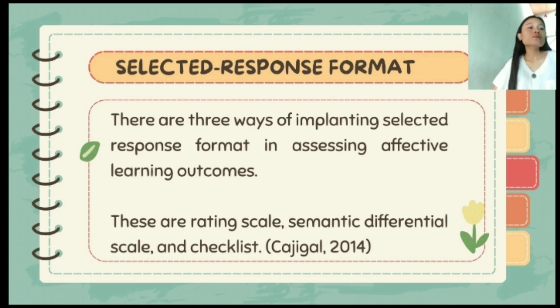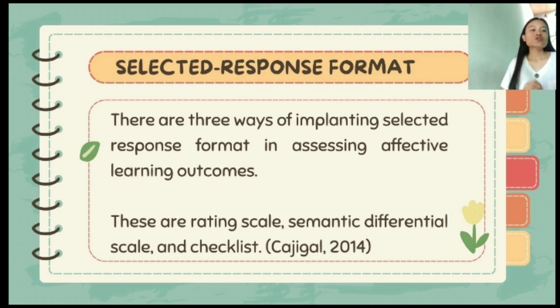Later on, I will discuss further this rating scale and the semantic differential scale. This is the checklist for using students' self-report just to assess the affect. According to Macmillan 2007 from the book of Kajigal, the following are the advantages.